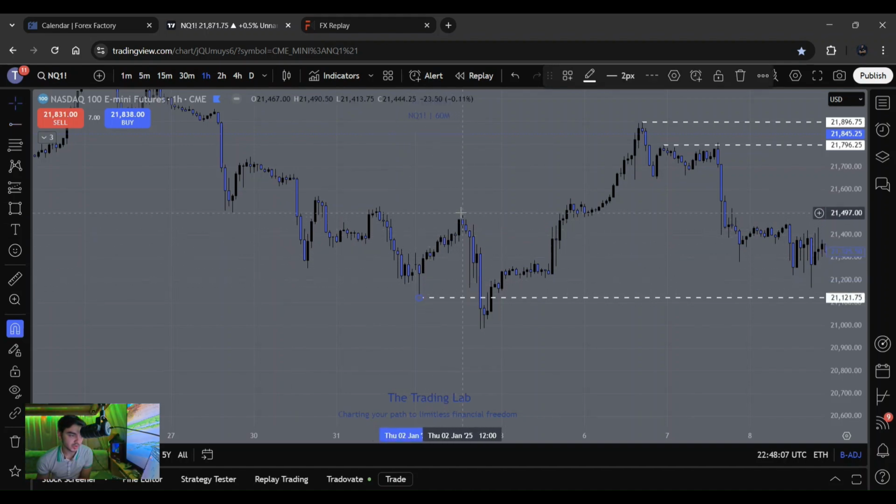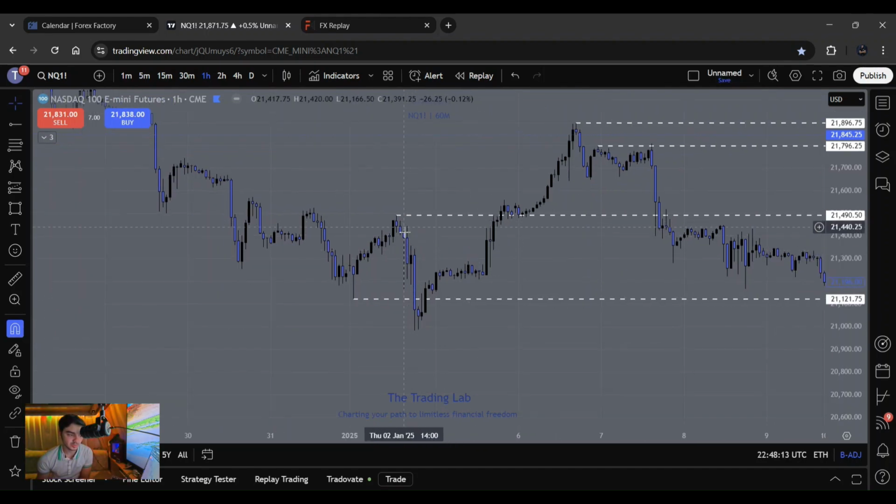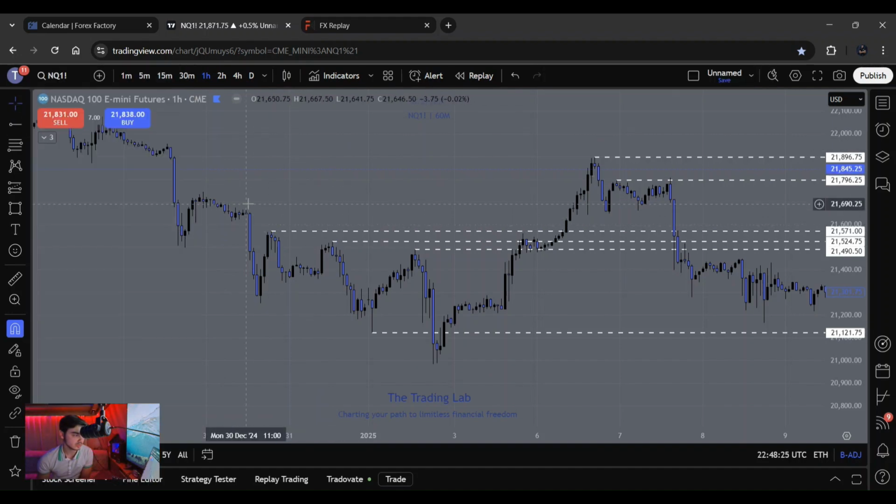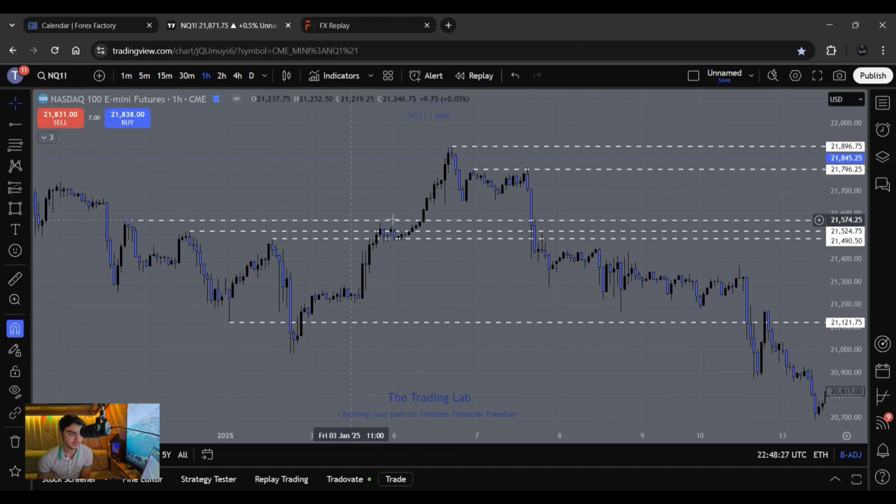Price comes up, make a new high, so that's definitely our low. What we see is price come down, we take out the low, and then we start pushing up to take out the highs, such as these ones, these ones. You get the gist.